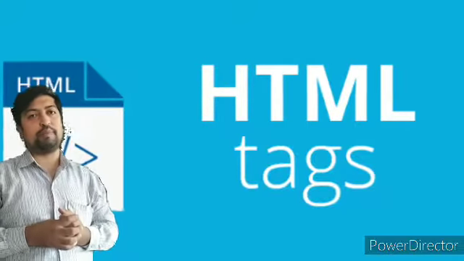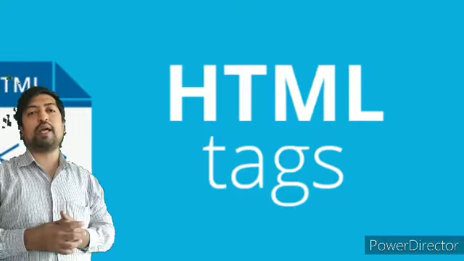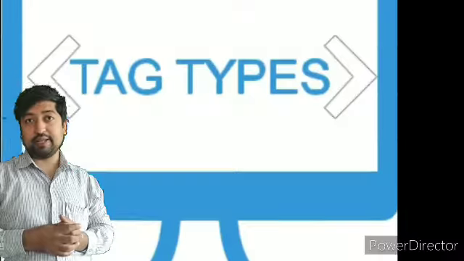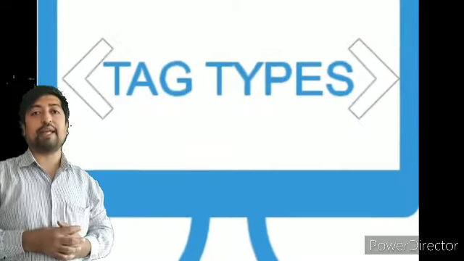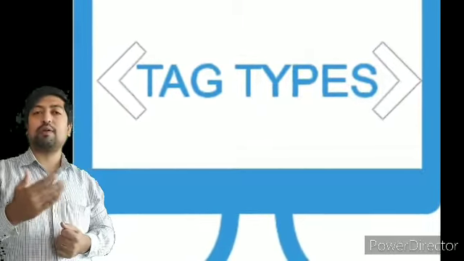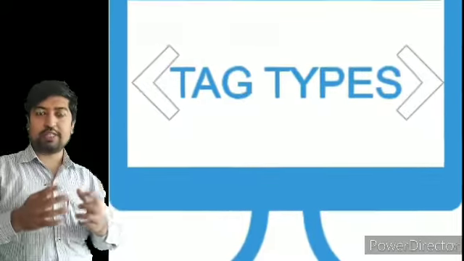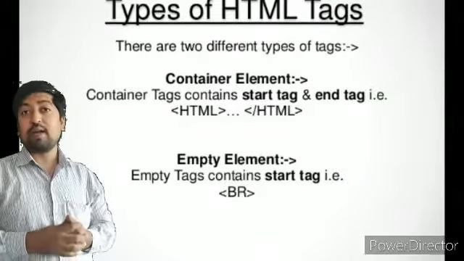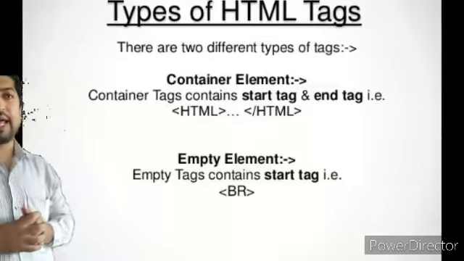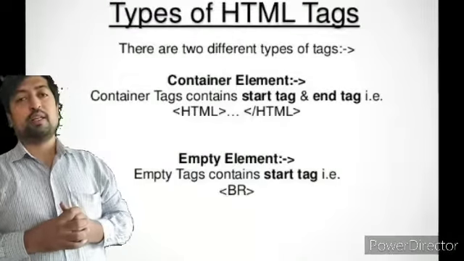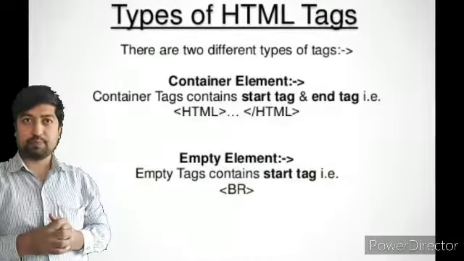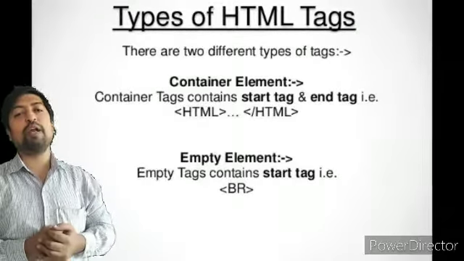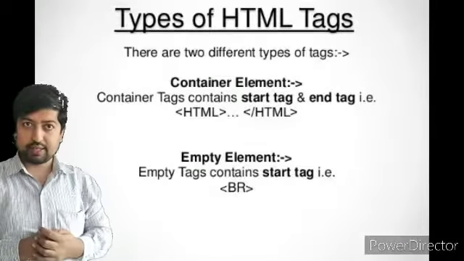Tags are of two types. The first type of tag is the start tag and the second type is the end tag. First, I am going to discuss the start tag. A start tag is that type of tag which does not close, meaning there is no need to close that type of tag.